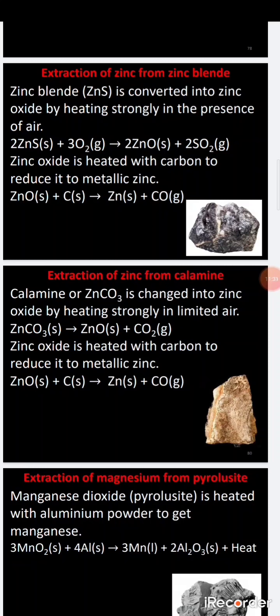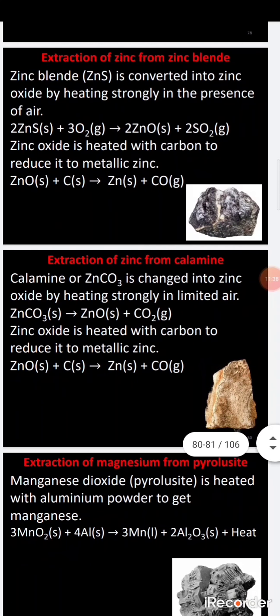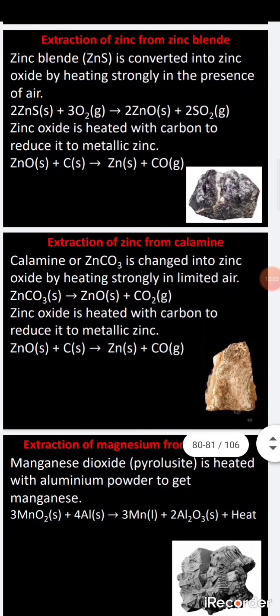Coming to the last question, after this process, is reduction necessary to obtain zinc? Yes, after this process, reduction is necessary. They asked why. Because in calcination and also in roasting, we get zinc oxide, and this zinc oxide is then reduced to zinc with carbon into metallic zinc.